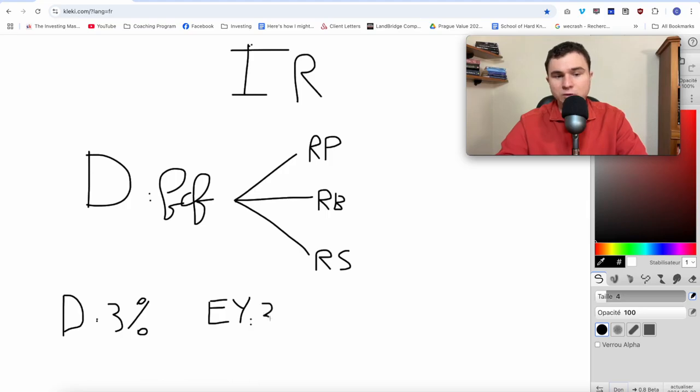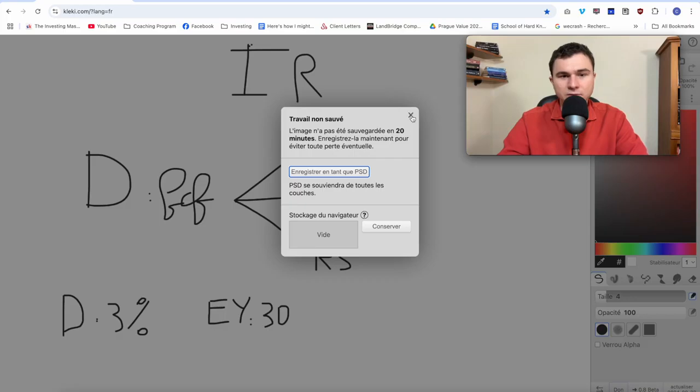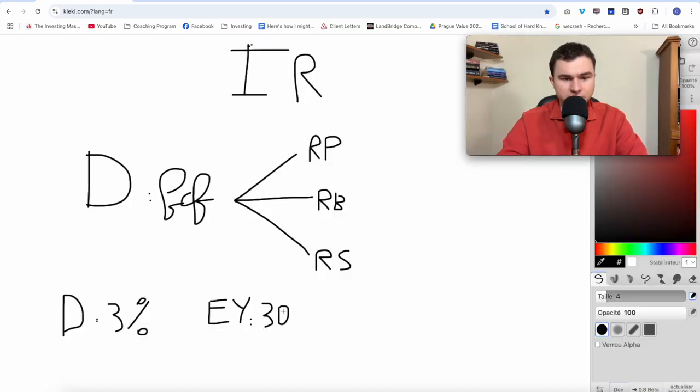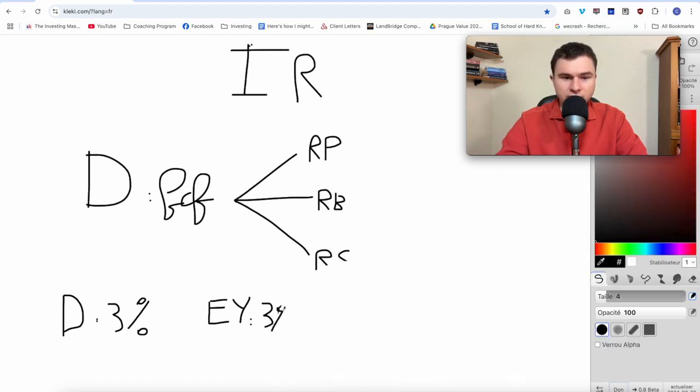That means a PE ratio of 30. Okay, what did I write? I wrote 30. No, 3% earnings yield. Sorry. If you borrow at 3% and you buy your own shares back at 3% yield, do you really create shareholder value?